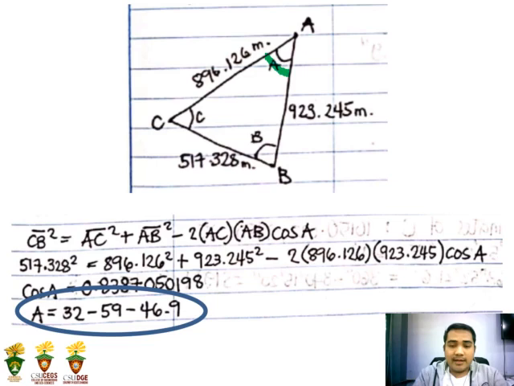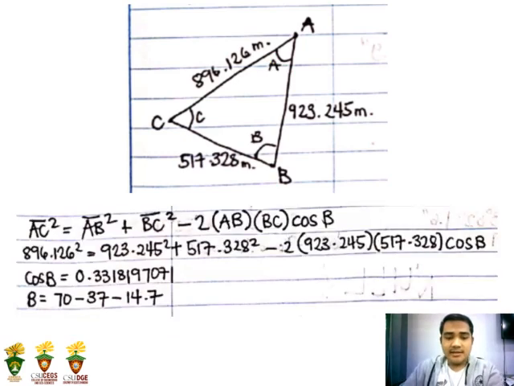So we have the value for cosine A to be 0.8387050198. To get the angle, take the cosine inverse of that value, so you have the value for A to be 32 degrees, 59 minutes and 46.9 seconds. So that is the value for A.